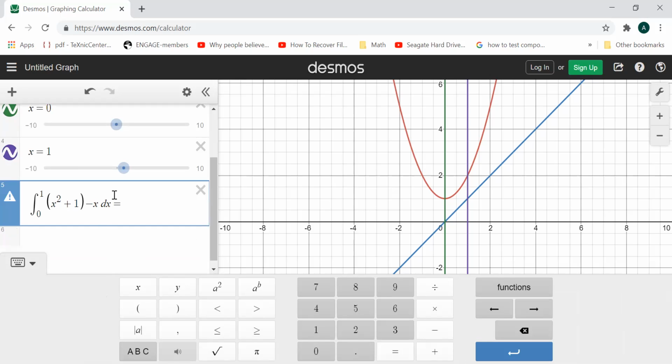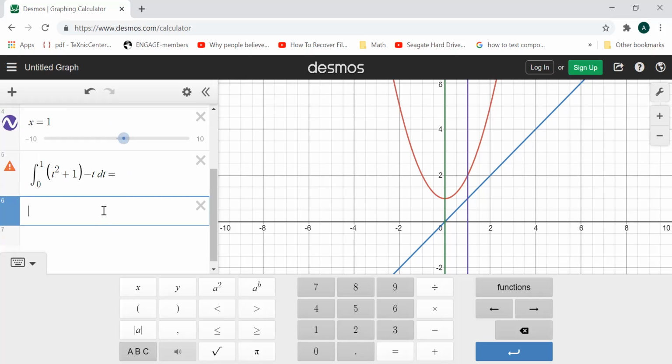Maybe change to t here. Maybe it doesn't like the letter x. t squared plus 1 minus t dt. Well, still doesn't like it. The message says the integral must end with an integration variable like dx.